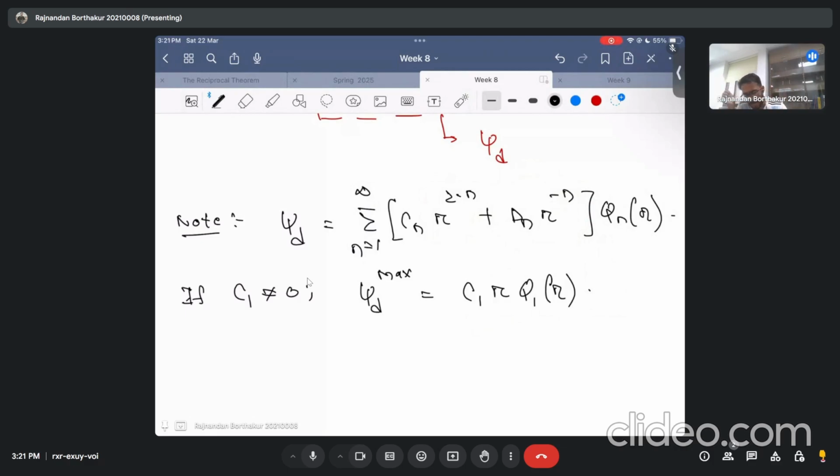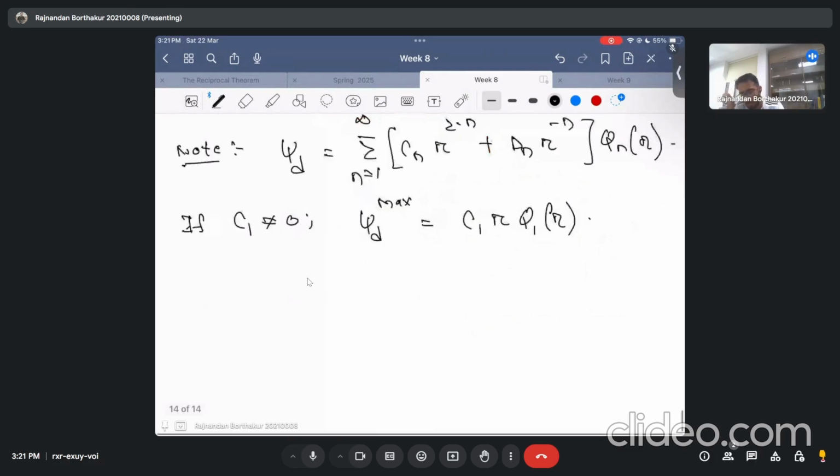Based on this maximum value of the stream function, if I now calculate the corresponding velocities as a result of this psi d max, then I can write that ur d max is nothing but minus 1 by r square.